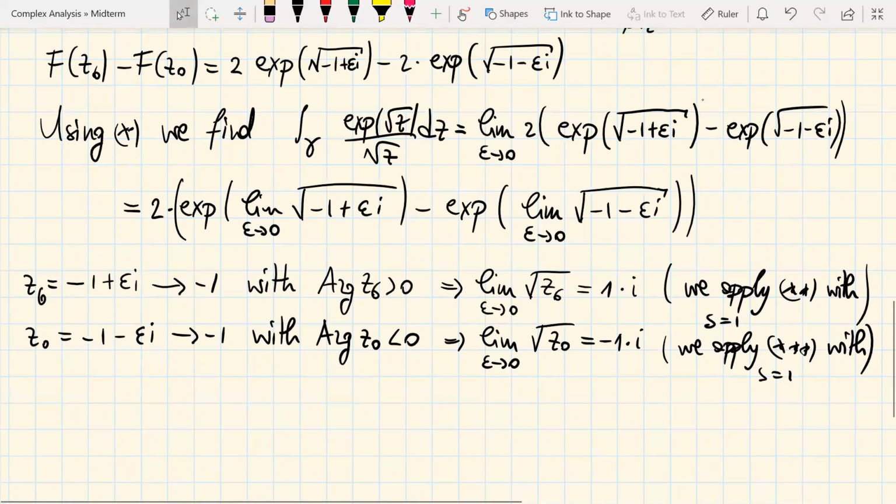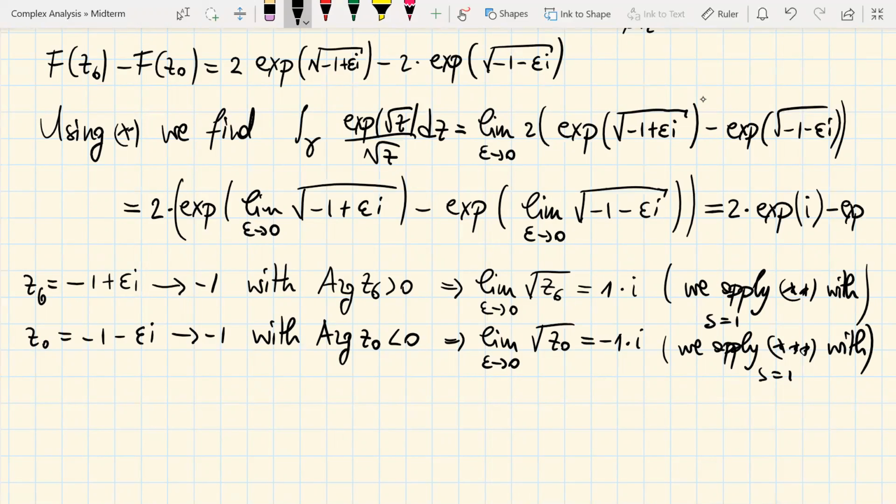Okay, so now we can plug in everything inside, and here we get 2 times the exponential of I minus the exponential of minus I.